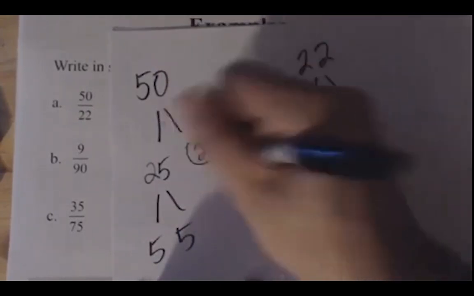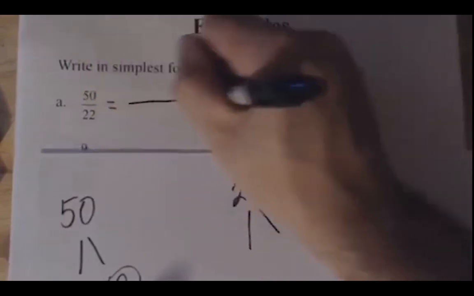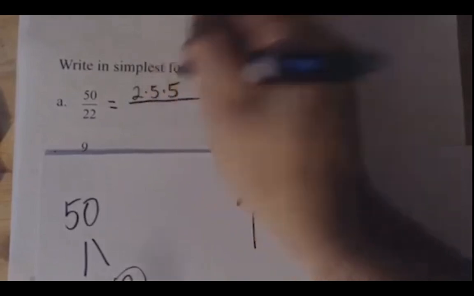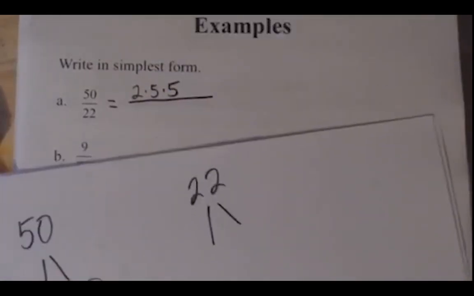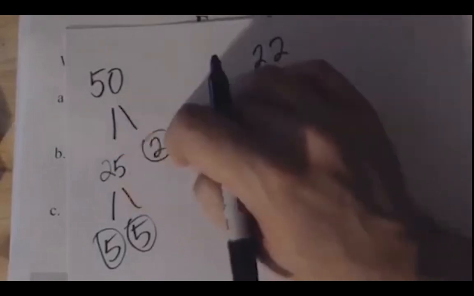So 50, and I'm going to leave this written out when we do it this way. So the top of this fraction is 2 times 5 times 5. I don't need exponential form here because I want to be able to see all of them. Also with 50, maybe 5 times 10, and then 10 would be 5 times 2.